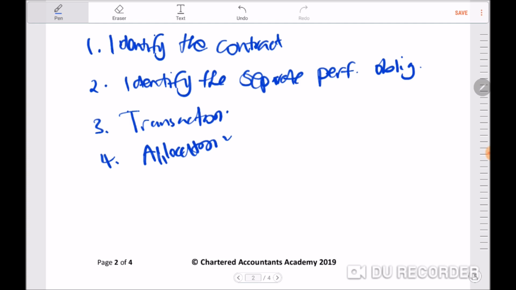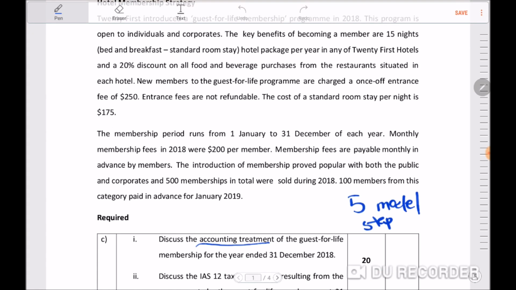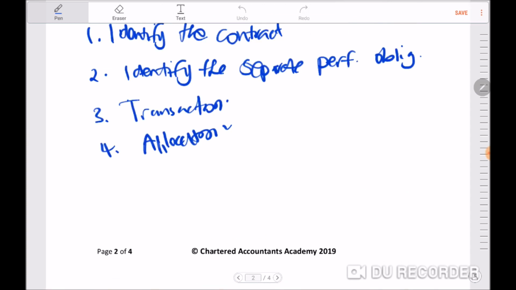So if you go back to the scenario, we are given information of the stand-alone selling prices, and we were supposed to use the information given there as part of our discussion in allocating the transaction price. And from there, we now need to recognize revenue, which is the final step in the 5-step model, which is revenue recognition.